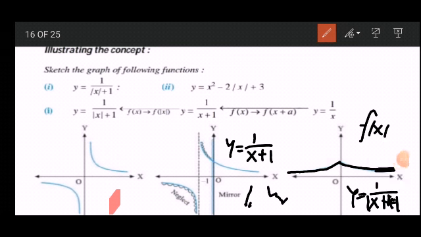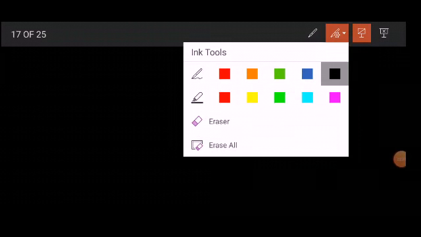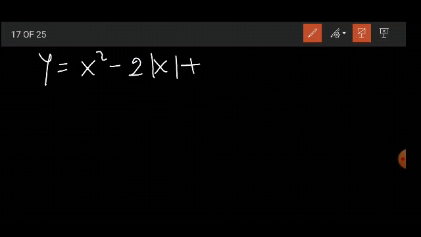Now let's say y equal to x square minus 2x plus 3. So we have to go for this graph, y equal to x square minus 2 mod x plus 3. Let's see how to draw. To draw the graph of y equal to x square minus 2 mod x plus 3, the planning is that x square and mod x whole square are the same thing.